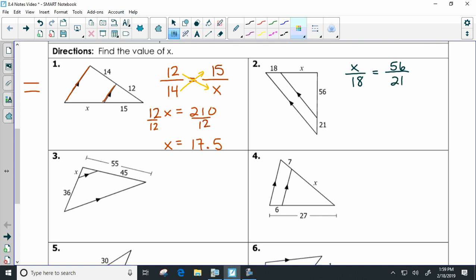Now I'm going to cross multiply. 21 times x is 21x. And 18 times 56 is 1,008. Divide both sides by 21. And 1,008 divided by 21 is 48.